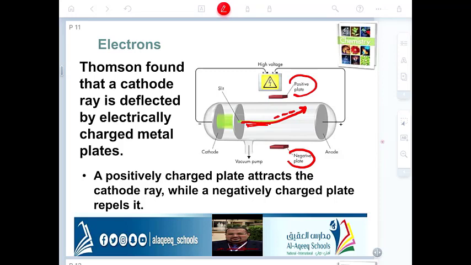He changed the position of the plates and put the positive here and the negative here. He found the beam moves like this. It deflected toward the positive, so it's negative. He confirmed that these particles in the cathode rays are negative, which are the electrons. So the cathode rays are deflected by electrically charged metal plates.